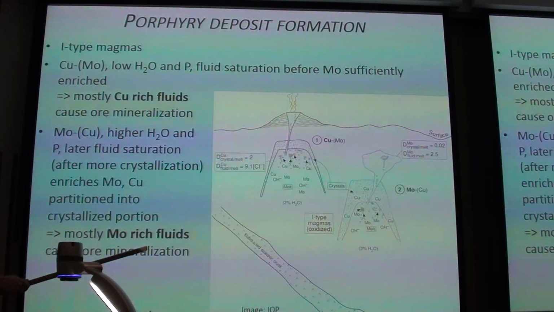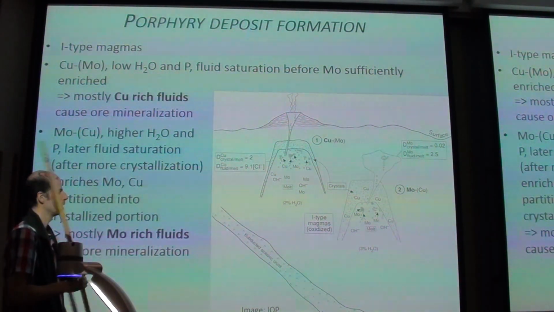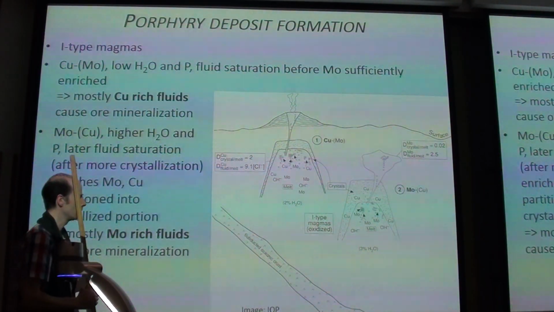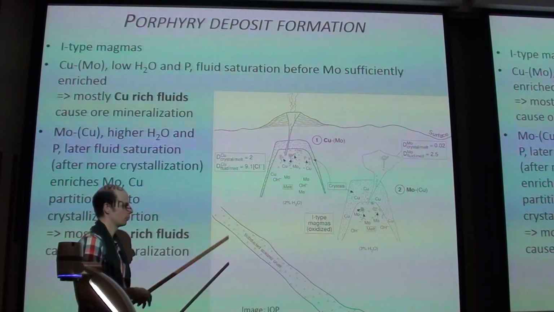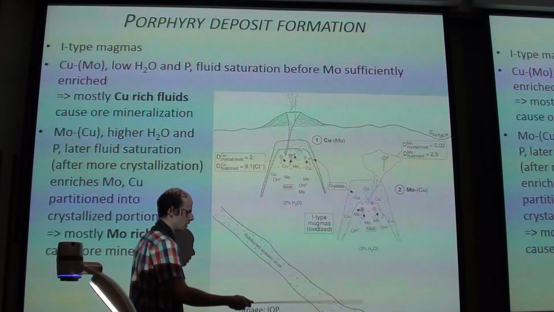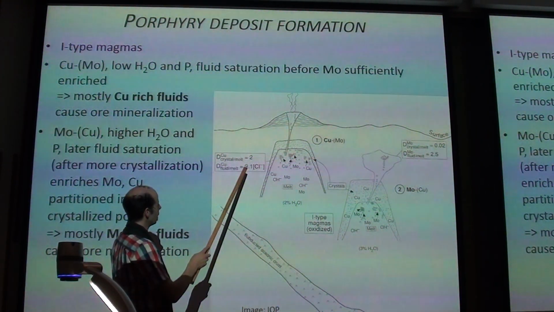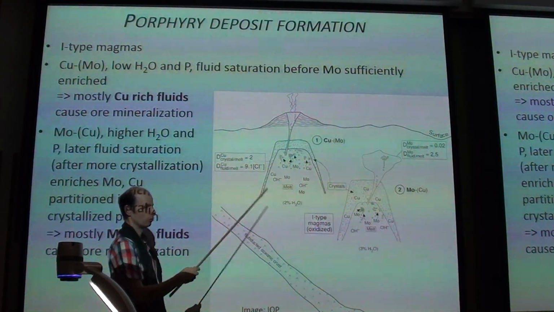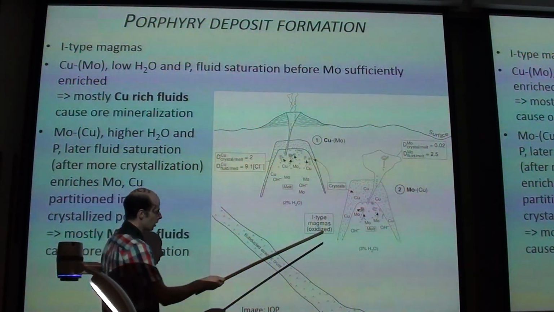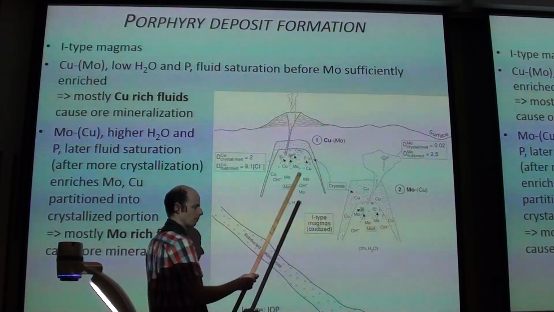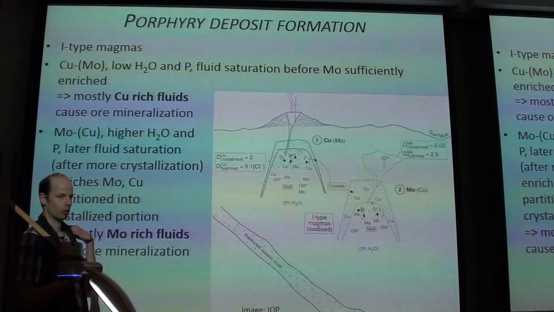If the intrusion, however, does not reach the same shallow depth in the crust, so it stalls at a deeper level, we don't have this decompression boiling, we don't have first boiling, so we start to crystallize more and more of this magma. And copper, through sulfide crystallization, starts to go into the crystallizing portion of this magma body.